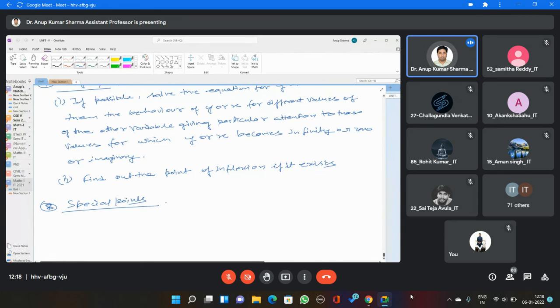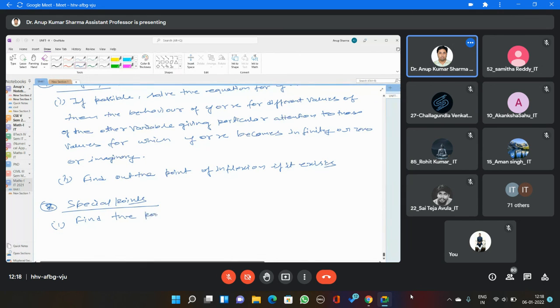Special points mean that if we find the derivative equal to 0 or infinity, the points where the tangent is parallel or perpendicular to the x-axis, there may be such points. So here we write one more point.